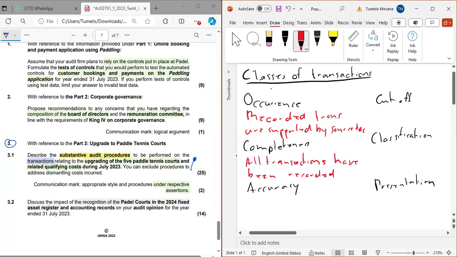Then when we move on to the accuracy assertion, we are checking whether calculations are correct or accurate. With the cutoff, which is the easiest one, you just need to check whether transactions are in the correct period.